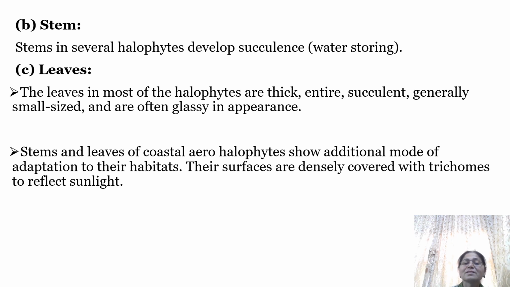The glassy surface will reflect the light, because the more the light, the more the transpiration, and the more the loss of water. So when the surface is glassy, there is reflection of the light, so there is less heating of the leaf, and the transpiration will be less.